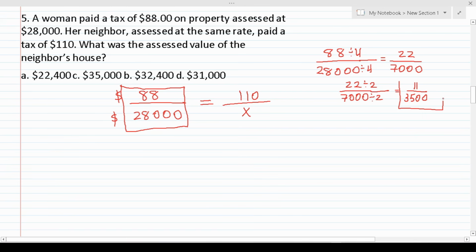So I've reduced this all the way down to 11 over 3,500. Let me rewrite the proportion: 11 over 3,500 equals 110 over x.